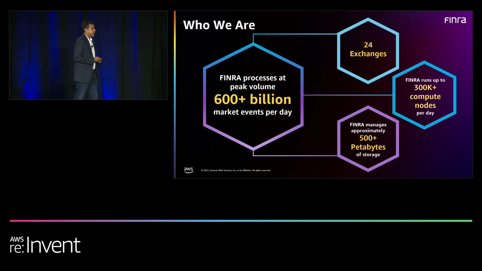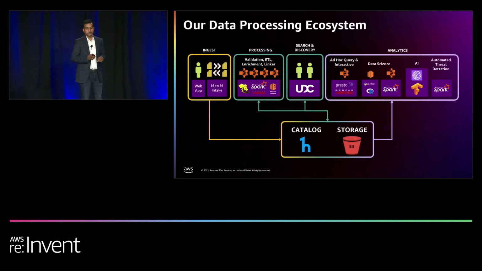So, what does our data stack look like? As I mentioned, we receive the transactional data from the stock exchanges and the brokers. The data is sent through a series of ETL pipelines to validate, enrich and link the data. The processed data is published to S3.